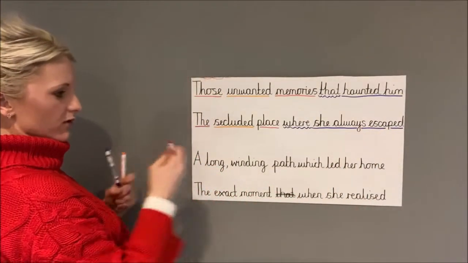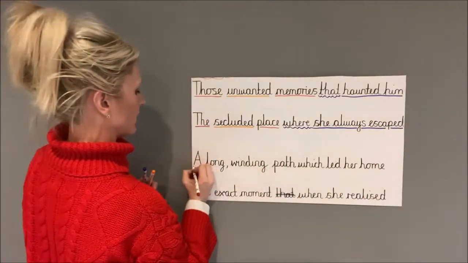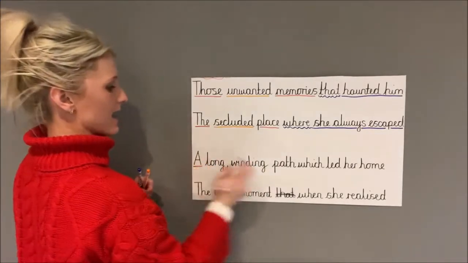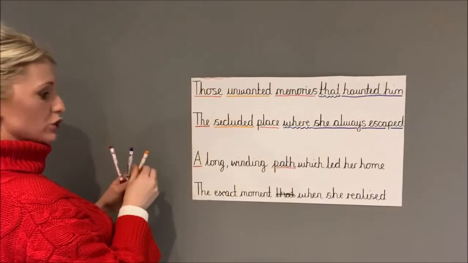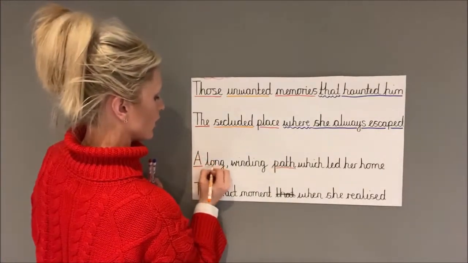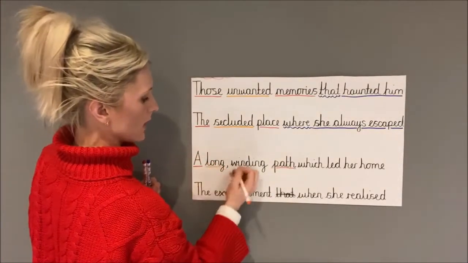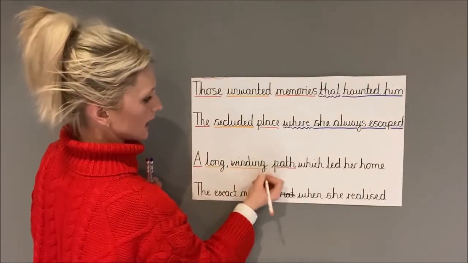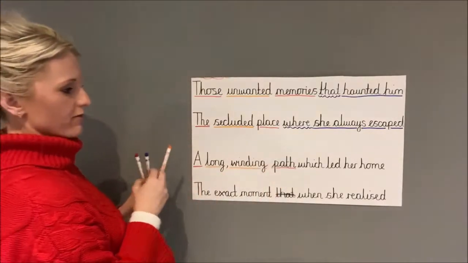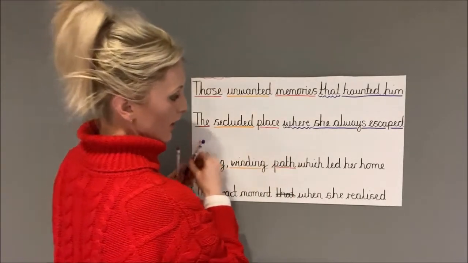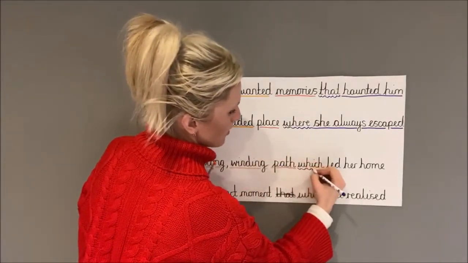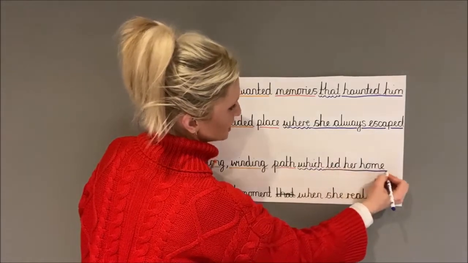Then I chose the noun path. I can see my determiner at the beginning, a, and I've got the word path here. I've done two adjectives this time. I've done long, I've remembered my comma, and I've got winding here. I can see my relative pronoun straight after my noun, which is part of my longer relative clause, which led her home.